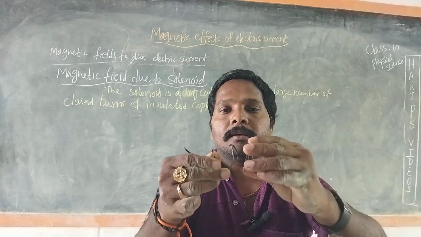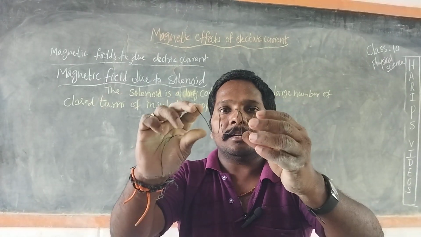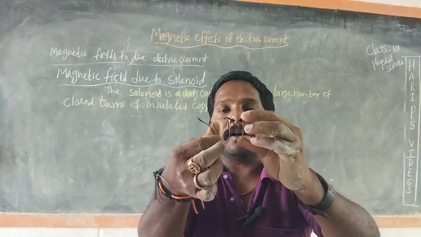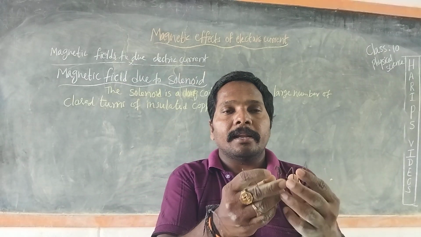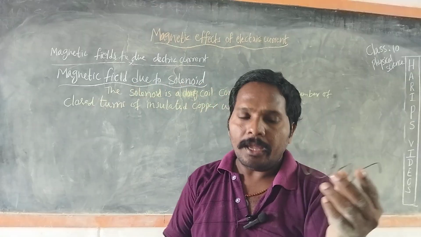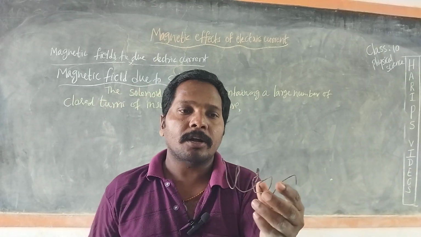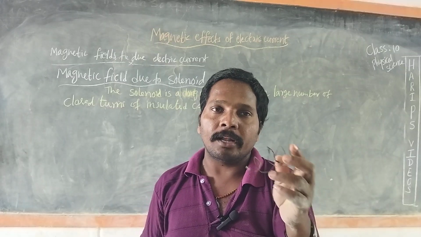If you have many turns like this, then this wire is called as a solenoid. So if the current is passed through a long coil, that long coil is called as a solenoid.